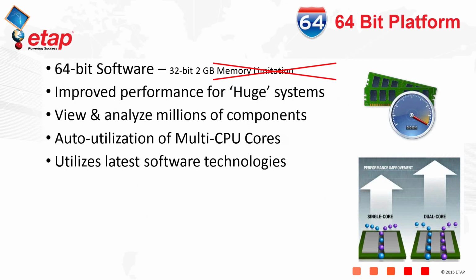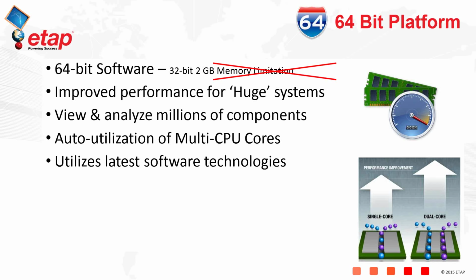I want to emphasize, make sure everyone is aware that ETAP 14 will be a 64-bit application. So it will be able to address larger amounts of memory. So you will no longer have the 2 GB memory limitation that is common with 32-bit software.